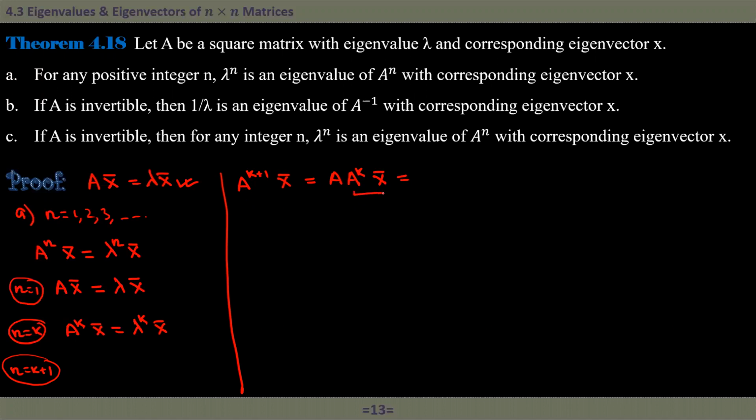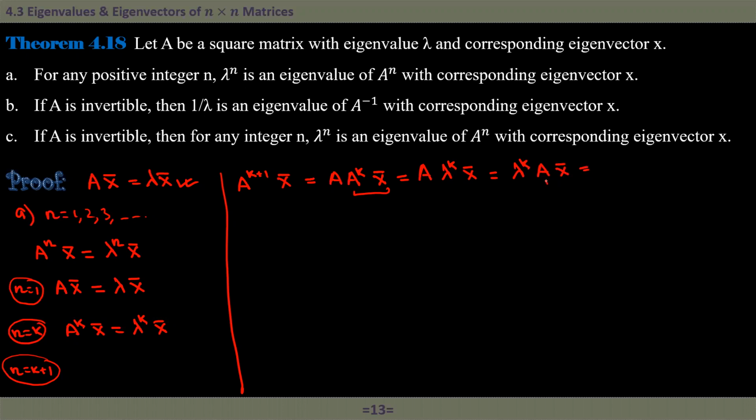From the previous hypothesis, A to the power k times vector x is equal to lambda to the power of k times vector x. Using the property of matrices, lambda to the power of k is just a scalar, so we can take it out. I can write it as lambda to the power of k, then matrix A, and then vector x.